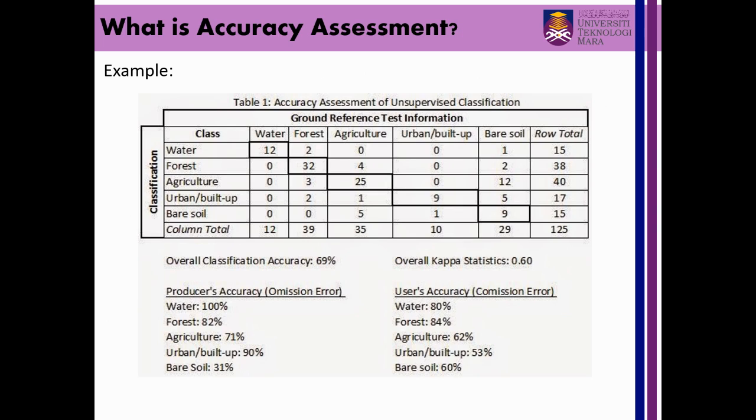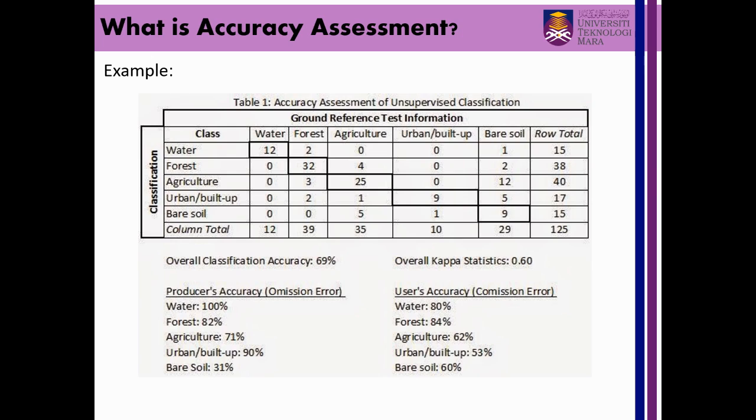The accuracy of the classification image will be given as a percentage value. Usually, there are three types of accuracy results that will be assessed, which are overall classification accuracy, producer's accuracy, and user's accuracy. The overall accuracy is the total accuracy of the classification, while user's and producer's accuracy are more detailed, as they explain the accuracy for each class.